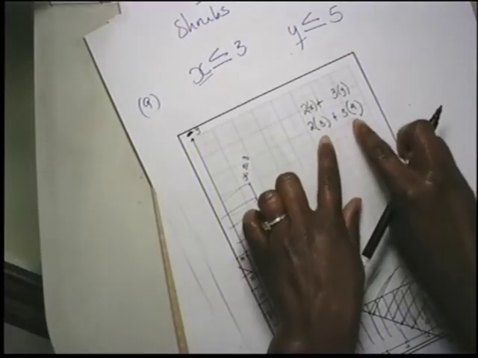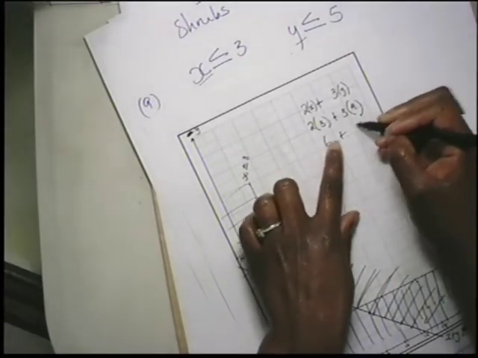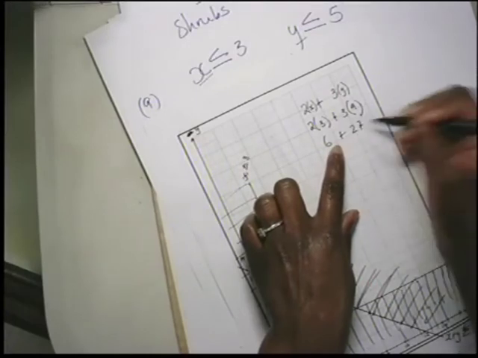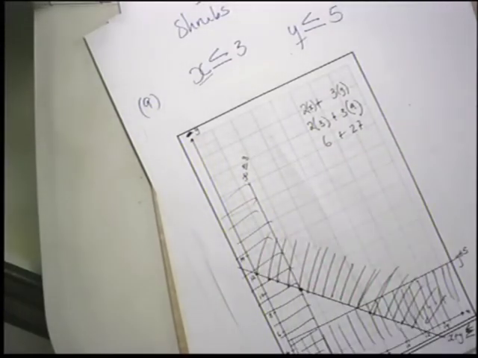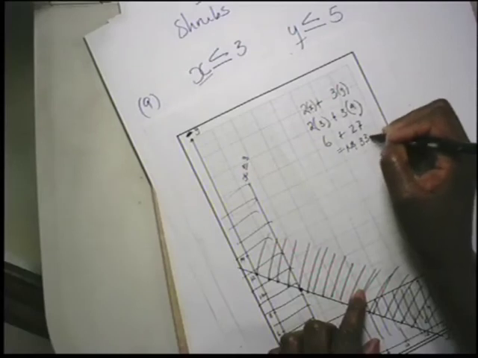So then you just multiply these two. 2 times 3 is 6, plus 3 times 9 is 27, and then 6 plus 27 will give us 33. There you get a profit of $33.